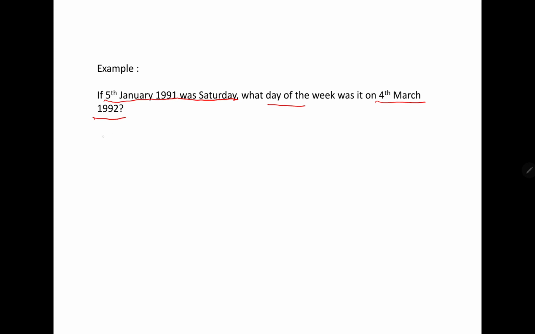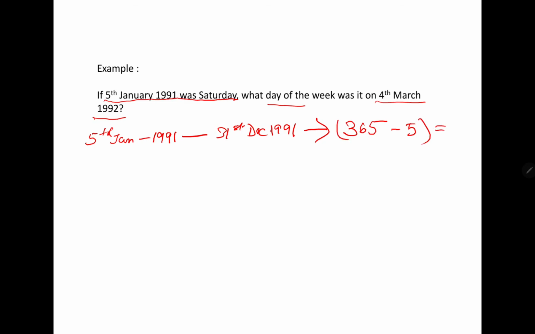From 5th January 1991 up to 31st December 1991, how many days will there be? Total 365 days, since 1991 is not a leap year, and 5 days from January we will subtract. So total it will be 360 days.